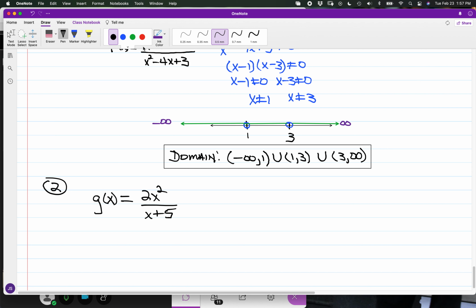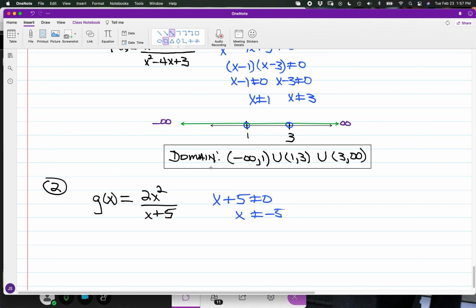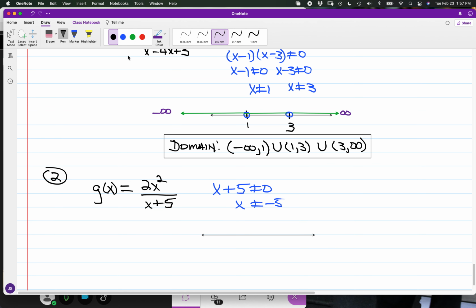Just for the restriction on this, x plus 5 cannot be 0, and so negative 5 is going to be left out. So you have a hole at negative 5.